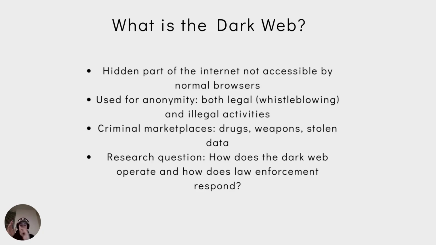This network is designed to hide from the public. While it can be a place for legal use, where people go sometimes to whistleblow, like people from oppressive countries, it's also used a lot for illegal activities like drugs, weapon sales, identity theft, and cybercrime.